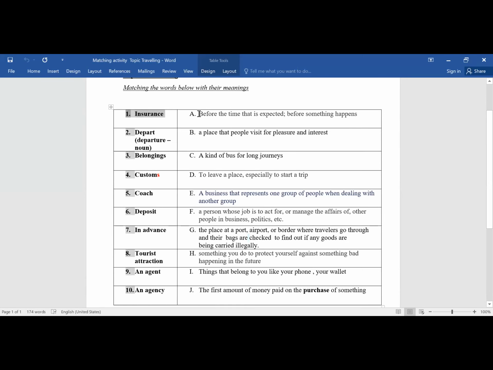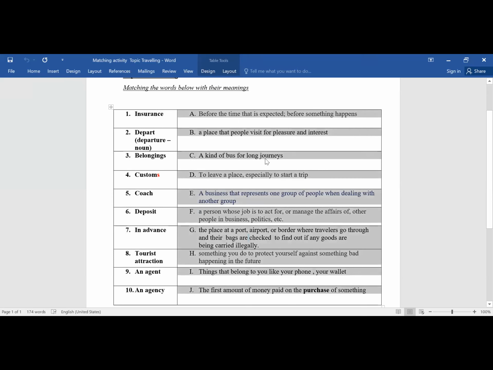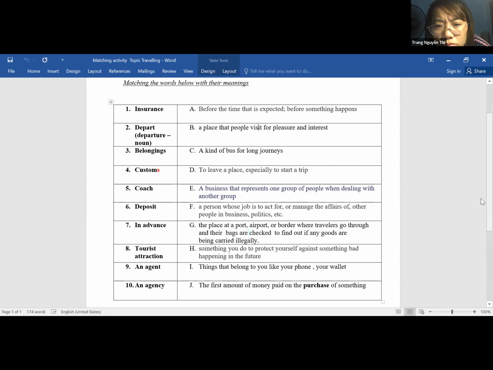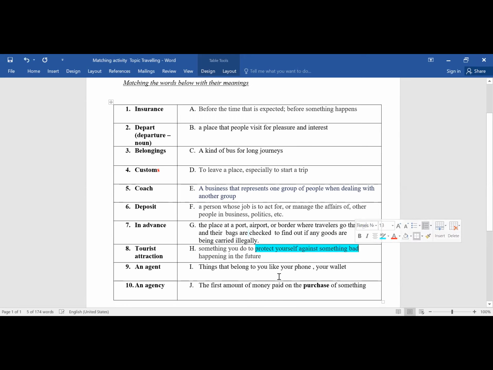So let's scan the letters here and tell me which one I should match the word insurance with. Yes, number 8, number 1 with H. Yes. Exactly. So everybody, there are some unexpected situations that may happen when you go on holiday.